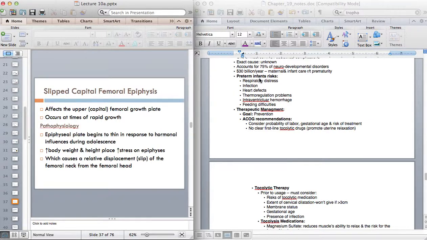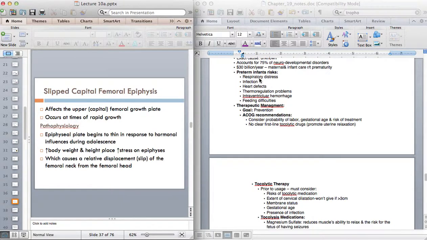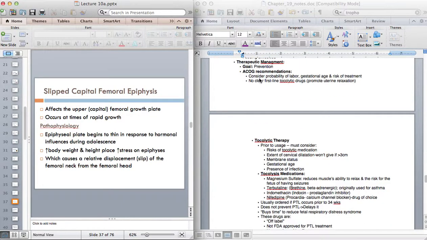With Legg-Calvé-Perthes, there is no blood supply, and the head of the femur will die off. But with this one, there is blood supply, but that epiphyseal plate will slip off due to hormonal influence.